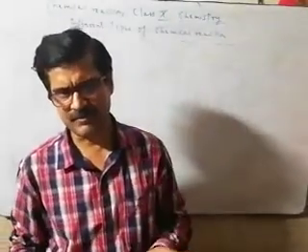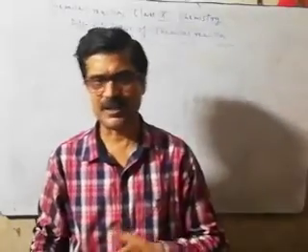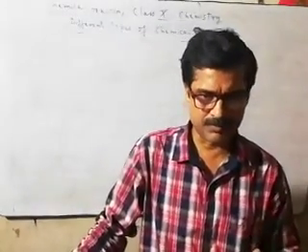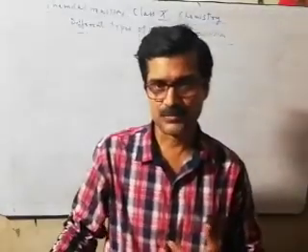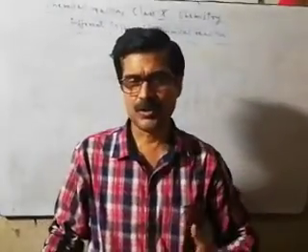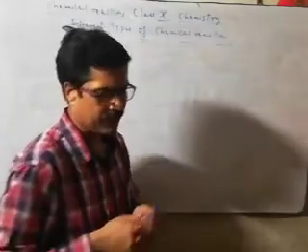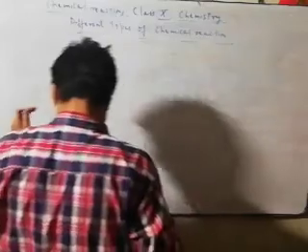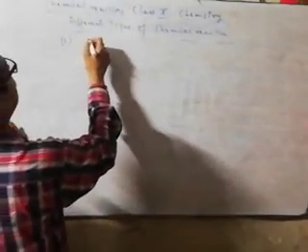In everyday life, different chemical reactions also happen, like photosynthesis. With the help of photosynthesis, the plant makes food. It's also a chemical reaction. That we'll learn in biology. But here, the first type of chemical reaction that we are going to learn is combination reaction.